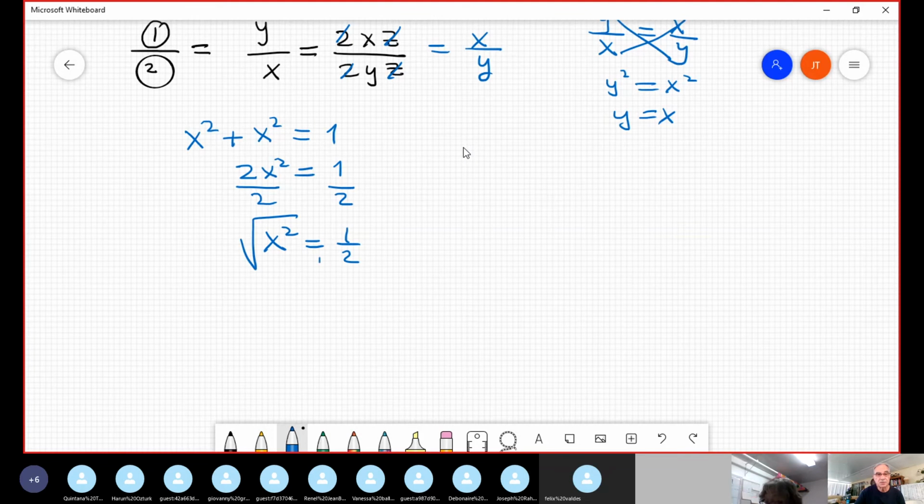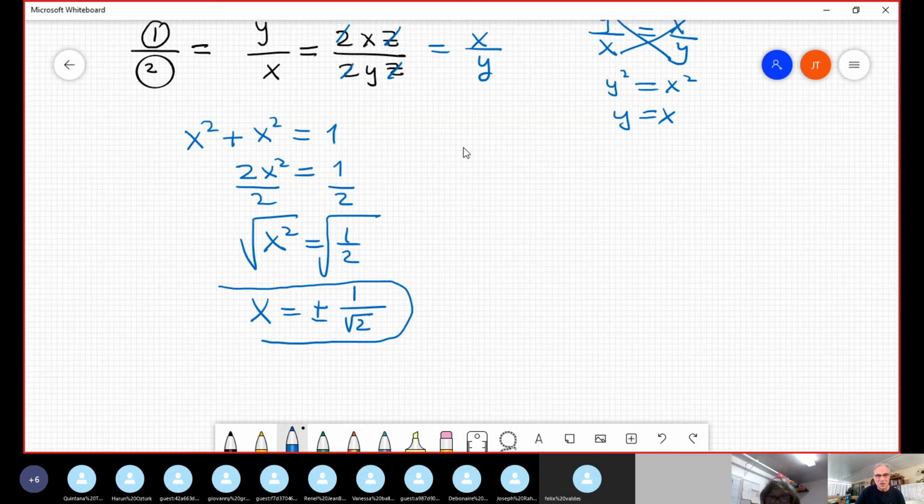Square root both sides, x is equal to plus and minus. This is a fraction, so square root of 1 is 1 and square root of 2 is radical 2. You can leave it like that if you want, or rationalize. It's okay.